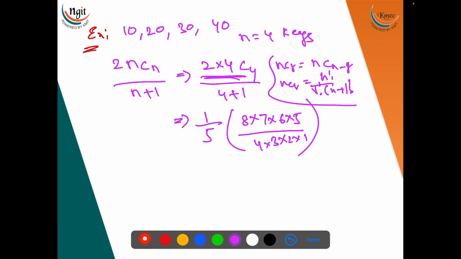I'm just applying this formula. Now 5 and 5 cancel, 3 into 2 is 6, and 6 and 4 into 2 is 8. Totally 2 into 7, which is 14. That means 14 binary trees are going to be considered for this problem.